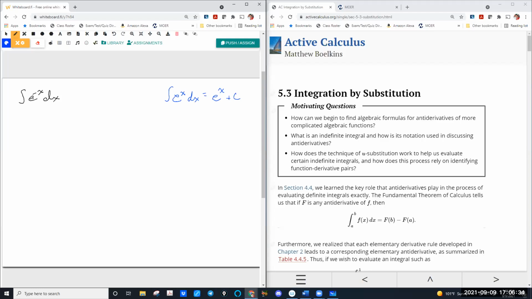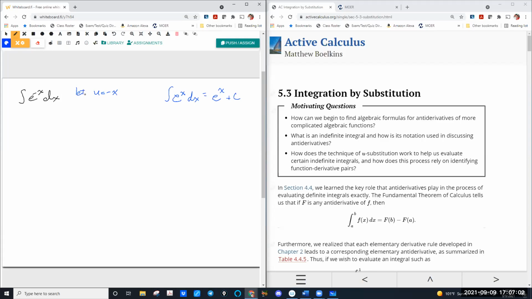So I'm looking at this one. I know the negative x is what's making this not our basic antiderivative rule. So I'm going to let u equal e to the negative x. Now, excuse me, sorry. I'm going to let u equal negative x because it's just that exponent that's the issue.